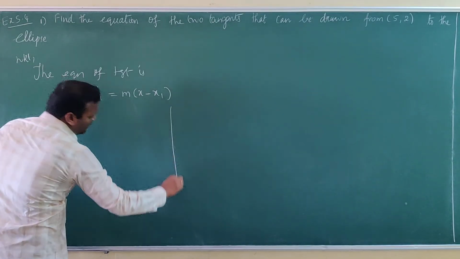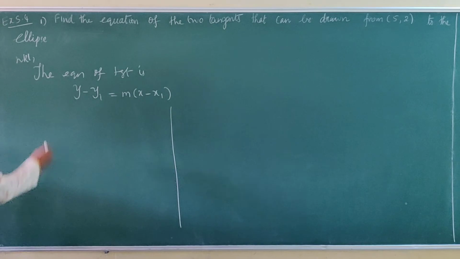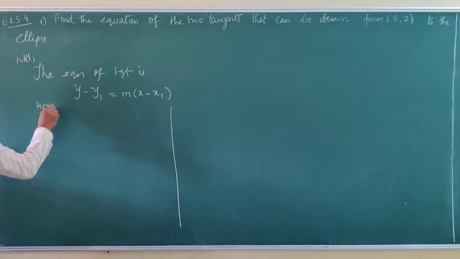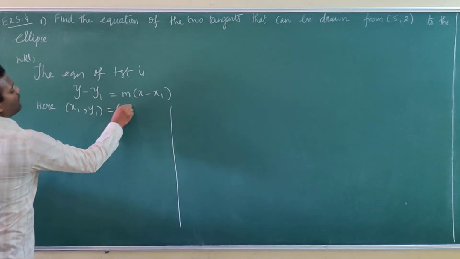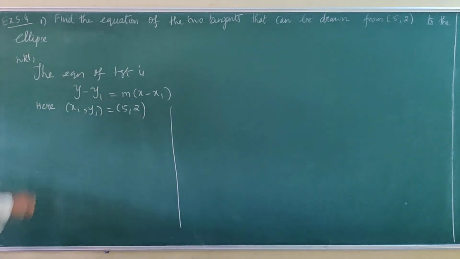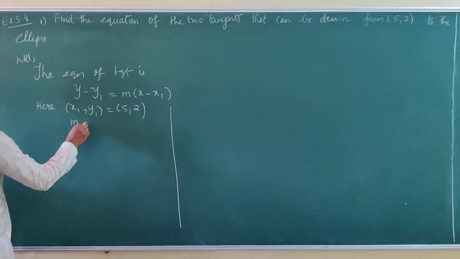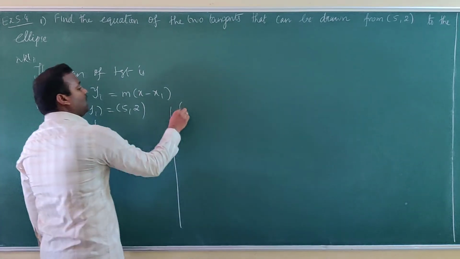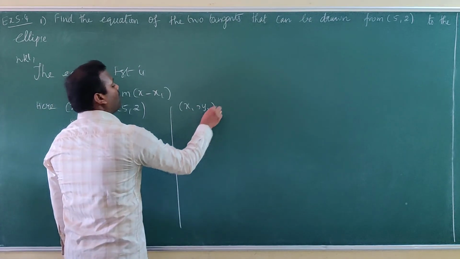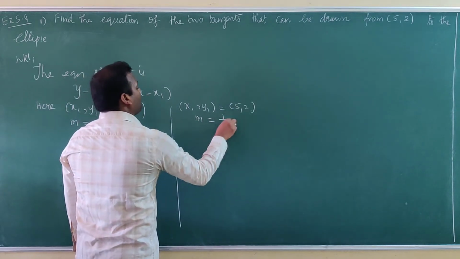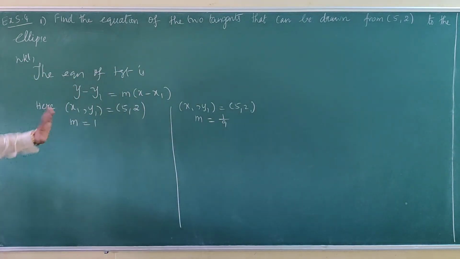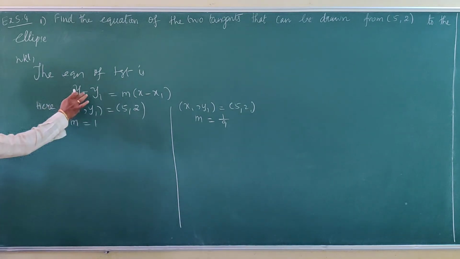So here you are having two values of m. The value of x1 comma y1 is given to be 5, 2, that is given in the problem, and m equal to 1, and one more value you are having is x1 comma y1 equal to 5, 2, and one more value m equal to 1 by 9.